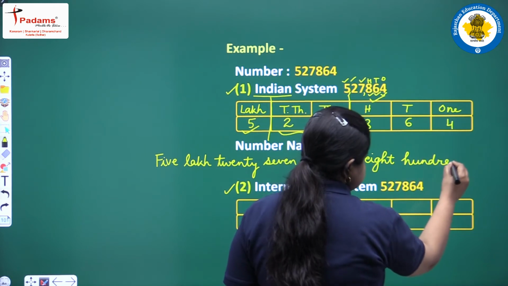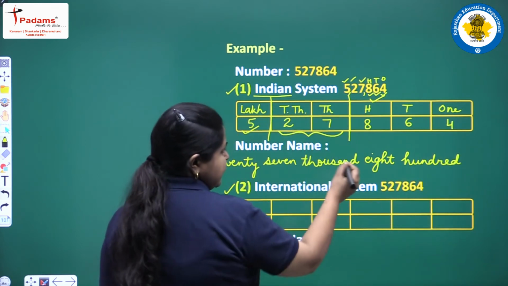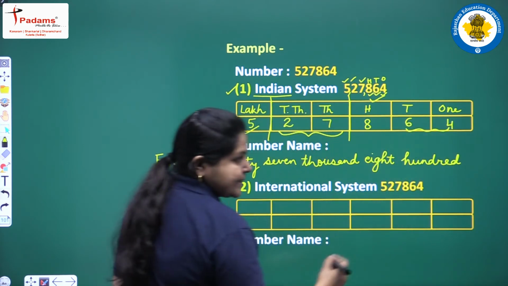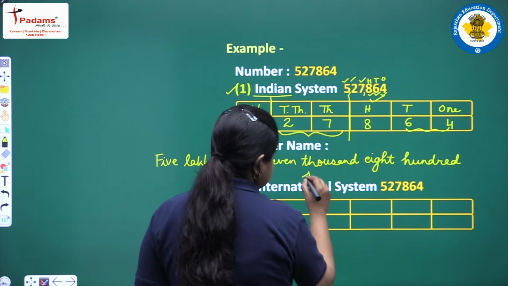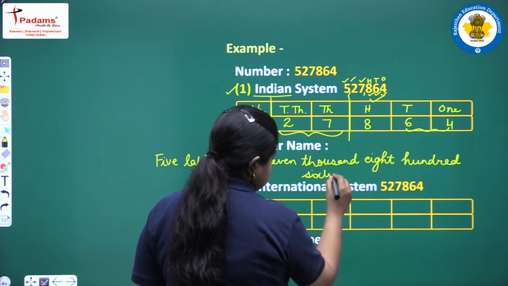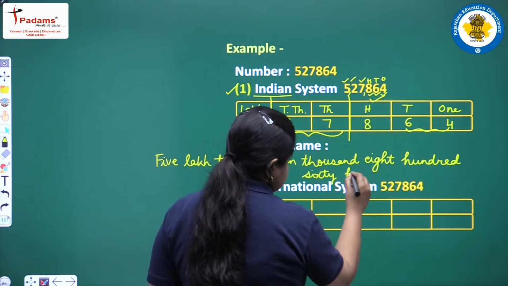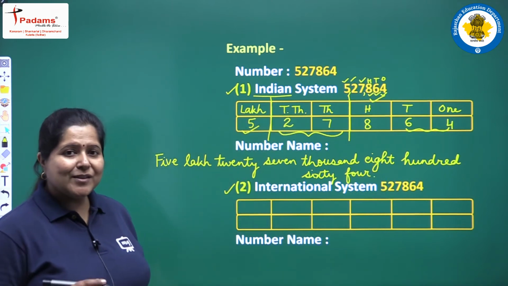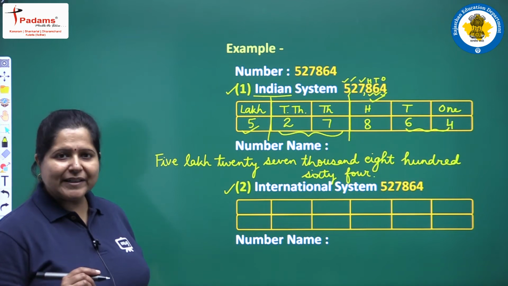This is at hundreds place value 8, therefore 800, and then we take them together to be 64. So this is the number name according to Indian system of numeration.